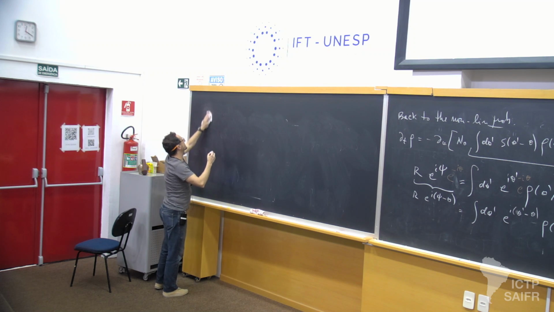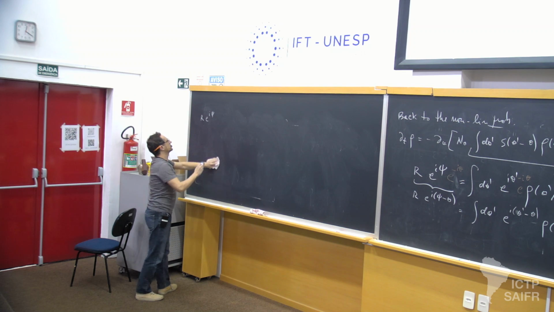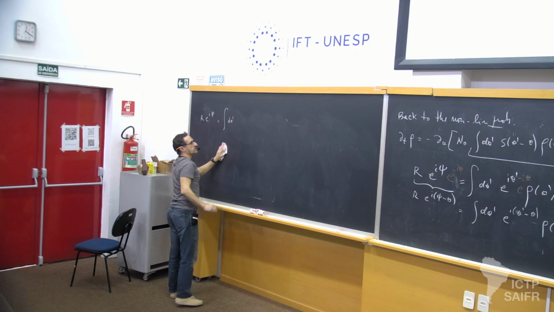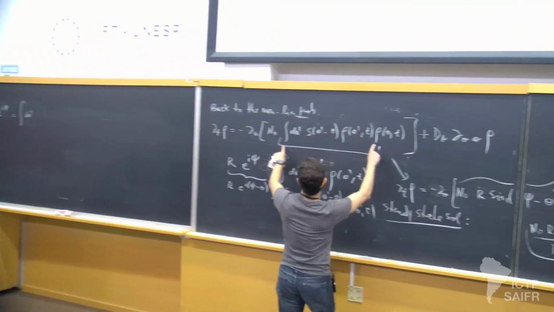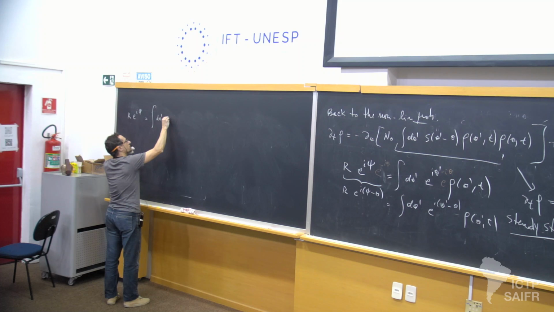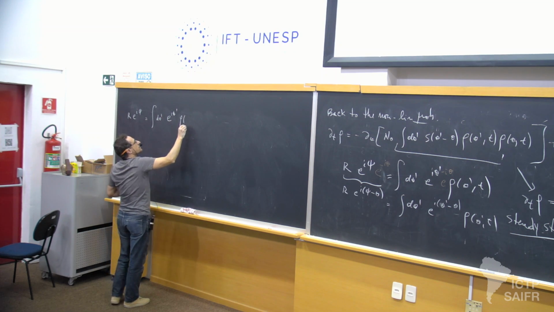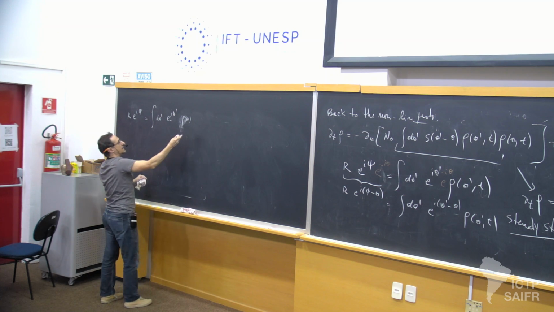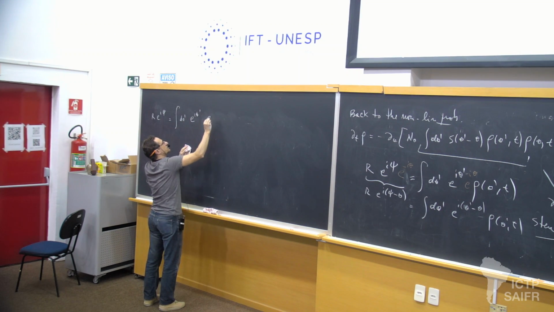I said at the very beginning that R was this guy, and by definition, you remember that was getting this integral, written with an exponential. That was the rho theta, and that was our definition. But here I'm going to write explicitly what we said.